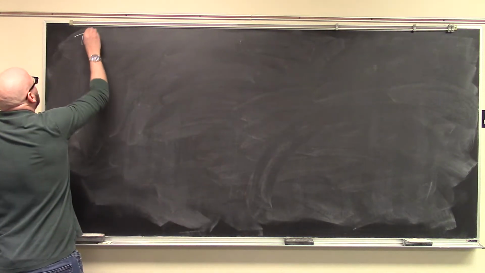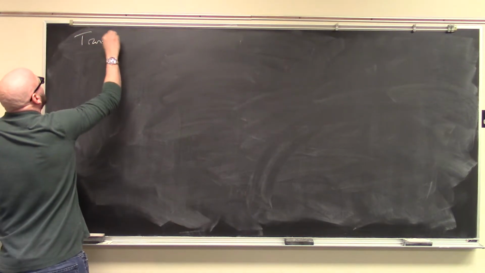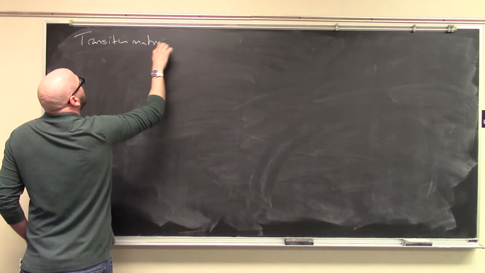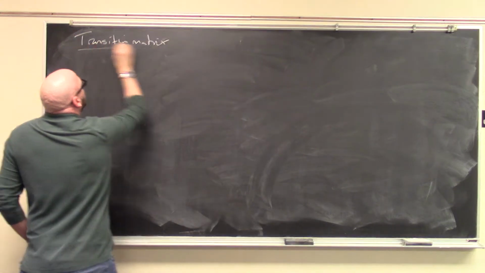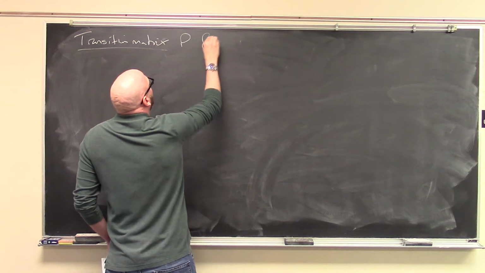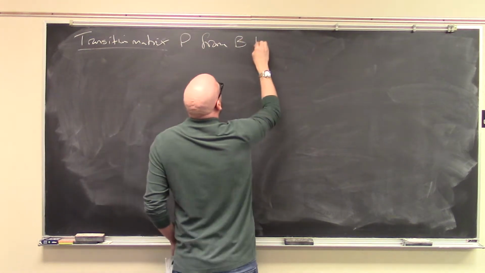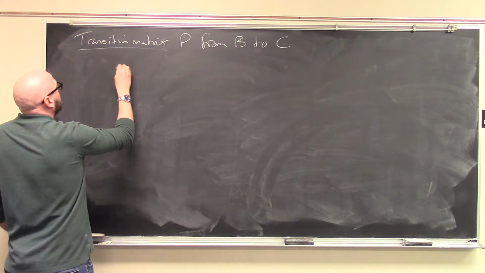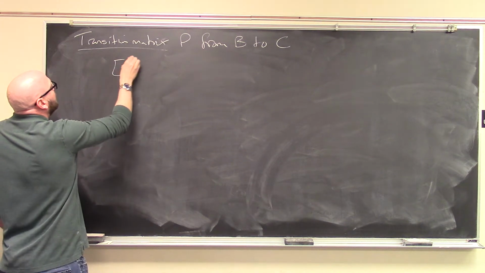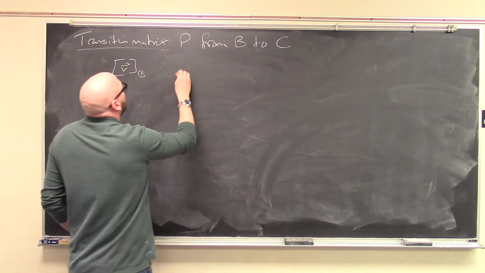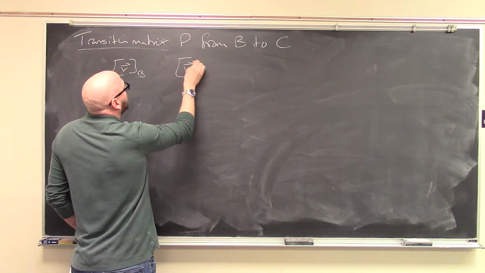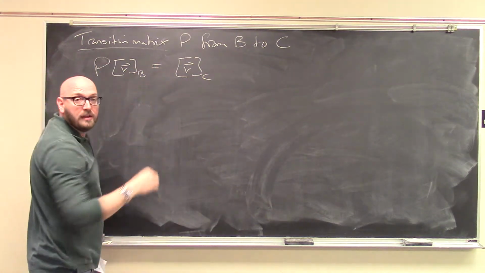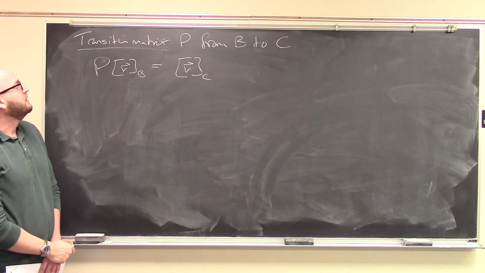So I'll recall exactly how this works, right? A transition matrix P from B coordinates to C coordinates is the following. If I start off with a vector v written in B coordinates, and I want to then express the same vector in C coordinates, all I have to do is left multiply by P, right?